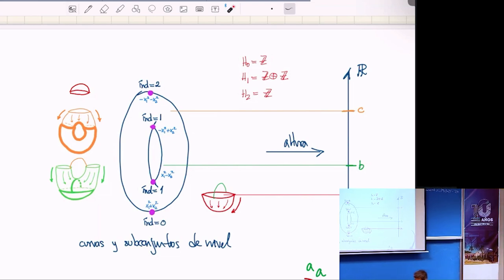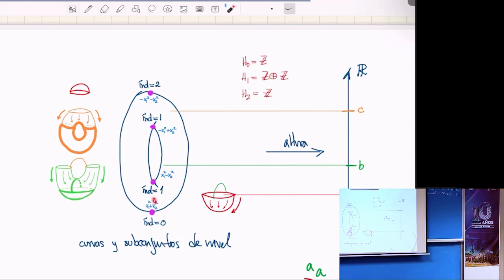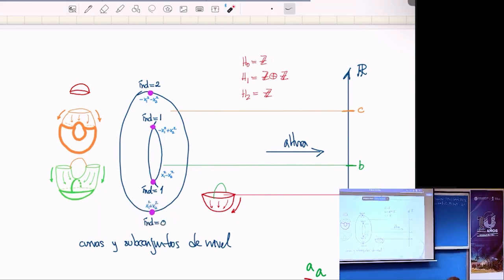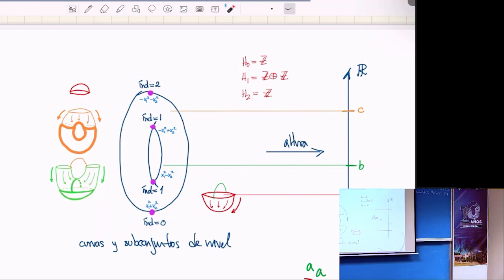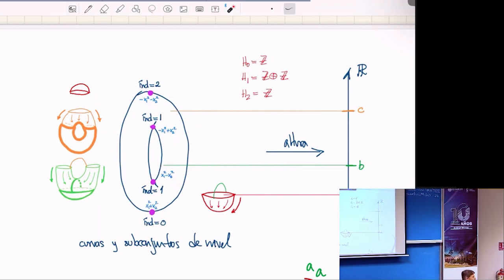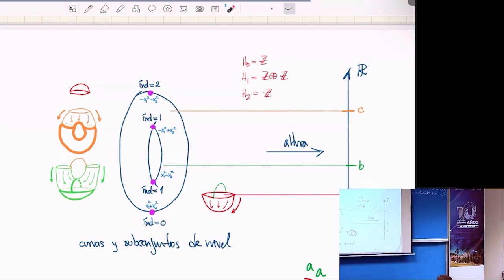So in this case, in the first point, there are no directions in which the function is decreasing, so the index is 0. In the next case, there is one direction where the function is decreasing and the other one is increasing, essentially. And so these two points have index 1.